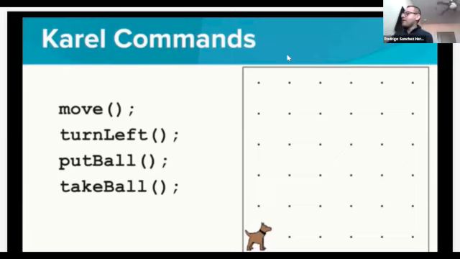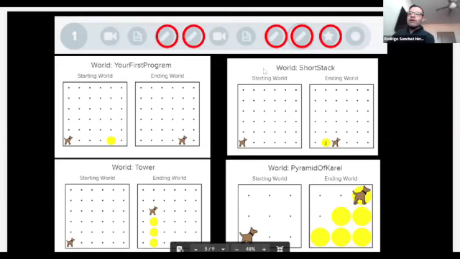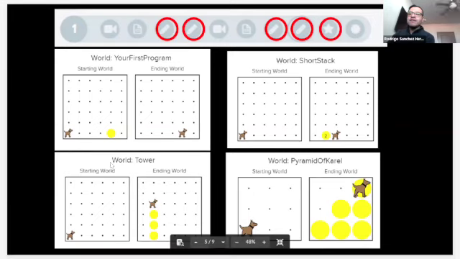What we're going to do now is I want us to work with Karel for a little bit. So this is what we're going to do. We're going to go onto a link that Jenny is going to put in the chat in just a little bit, or you can also scan the QR code that I have coming up in the next slide. And we're going to work on 4 different challenges.